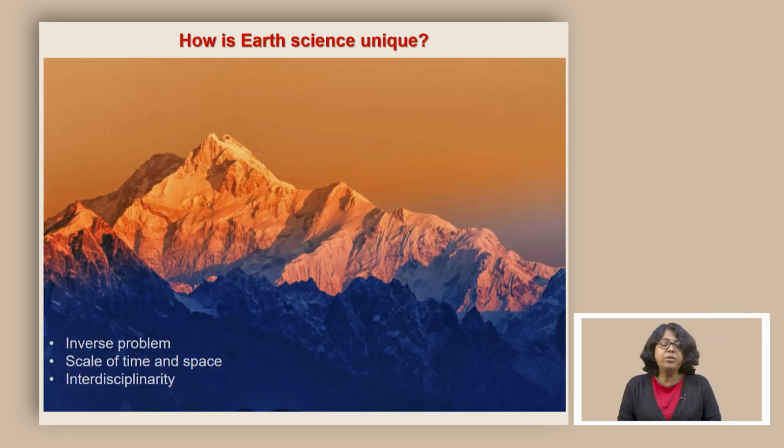The interesting points about earth science is its nature of the discipline, and we are going to talk about three major important features which makes it unique. The first one is something called an inverse problem, the second one is scale of time and space, and the third one is the interdisciplinarity.